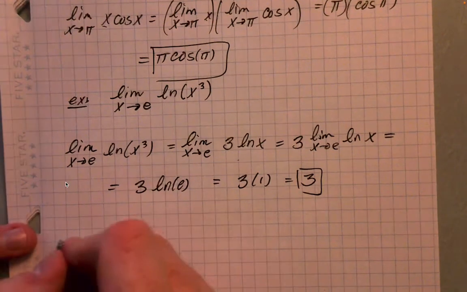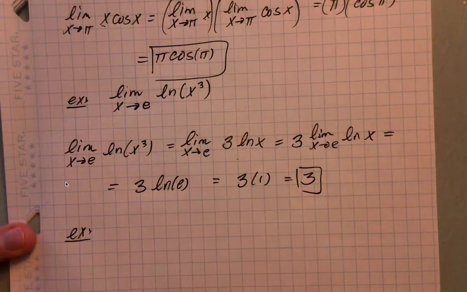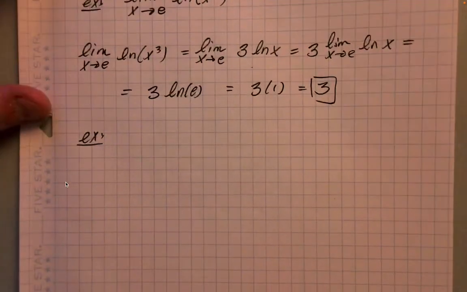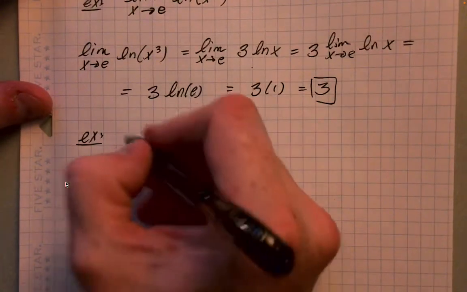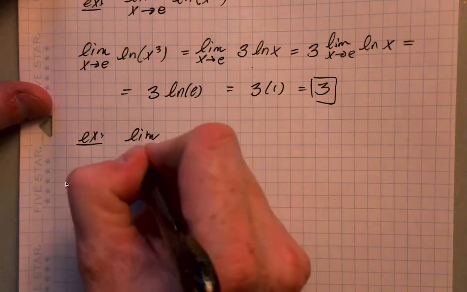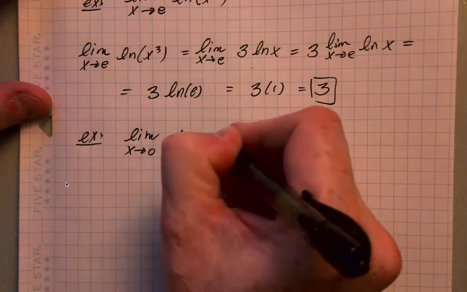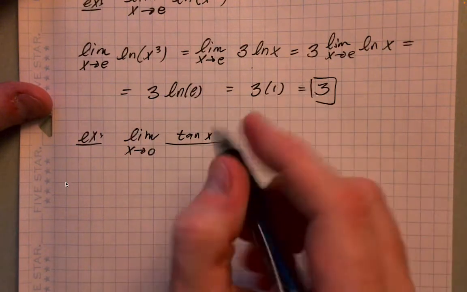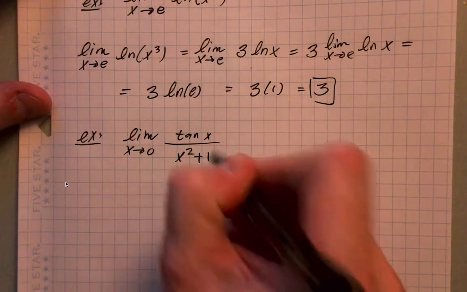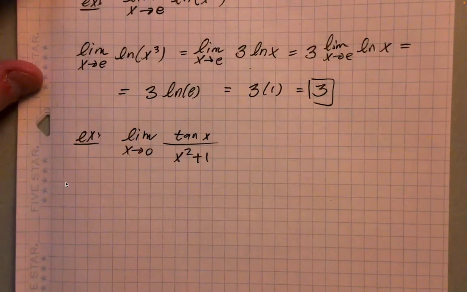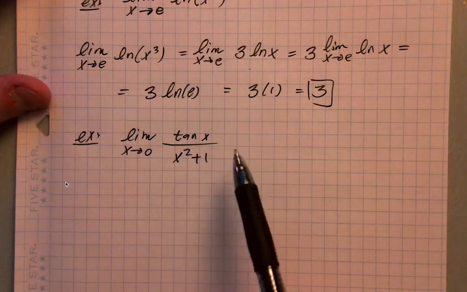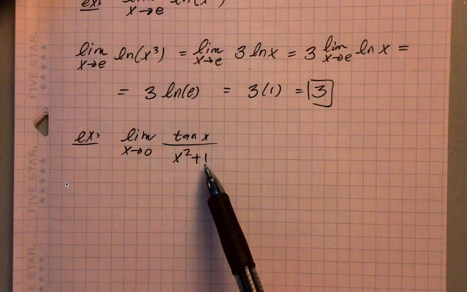Here's another example. This one's a bit more of a left field example, but what about the limit as x goes to 0 of the tangent of x divided by a polynomial, x squared plus 1? All right, so you could think of this as an f of x over a g of x, right?